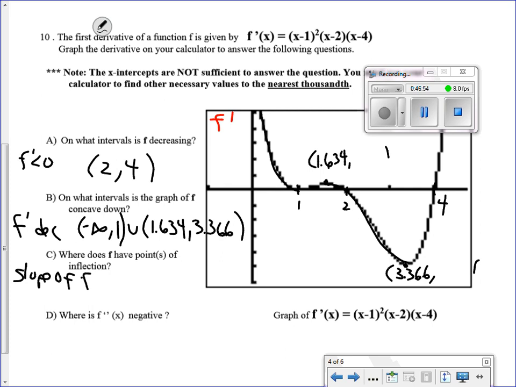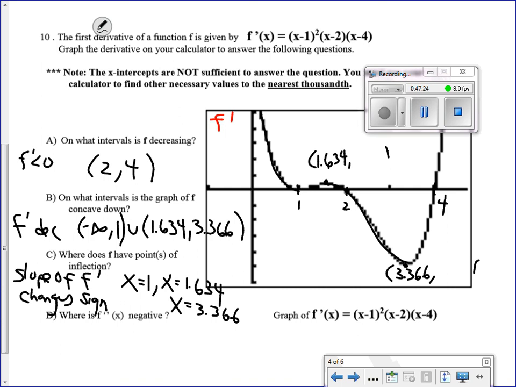That means the slope of f prime, the second derivative, changes sign. Or you could say when f prime has a relative max or min. That makes it easier. So that occurs at x equals 1.634, where it has a relative max, and x equals 3.366.